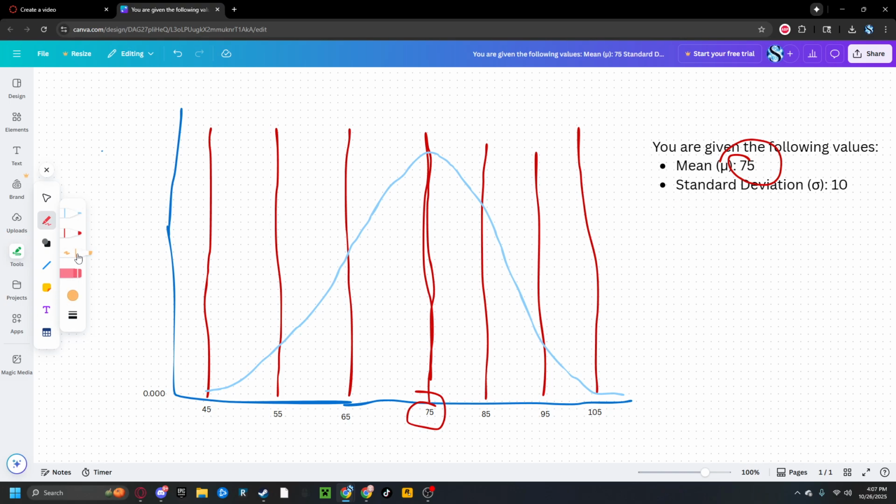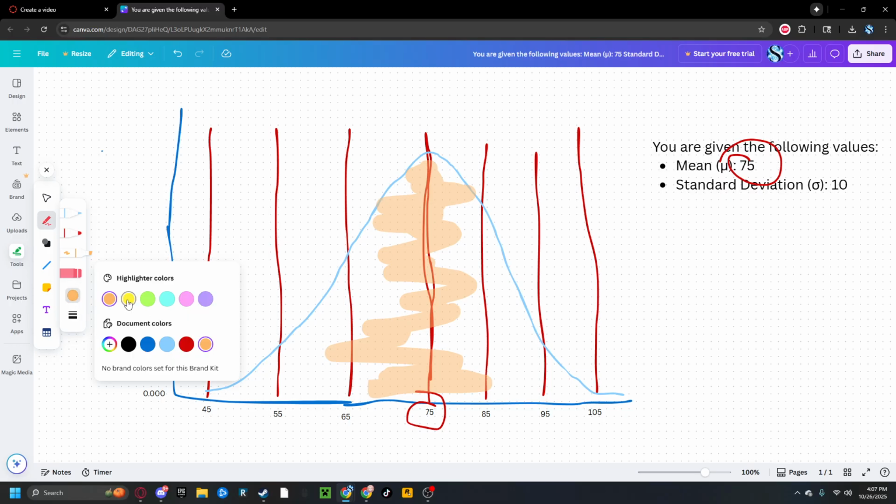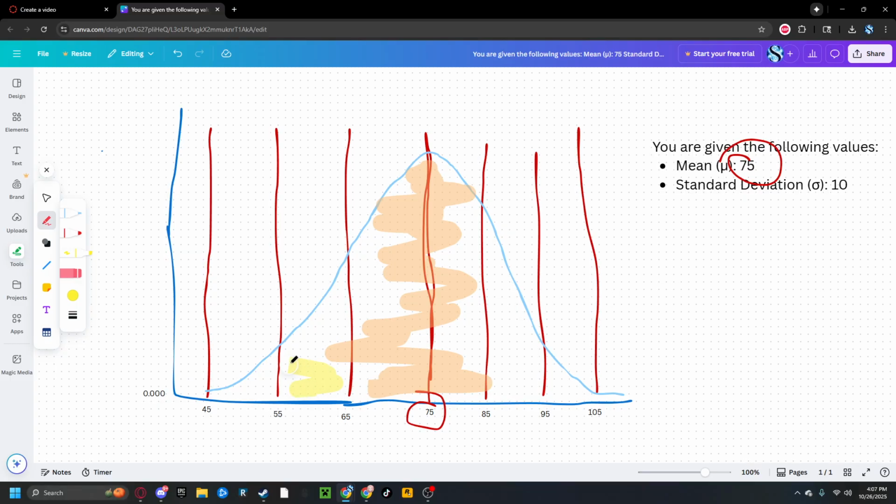Okay, now that we have our graph, we're going to highlight the different areas. As stated in the empirical rule, 68% of our data is going to fall between 65 and 85. So this area right here. Then if we change colors again, to yellow, 95% of our data is going to fall between 55 and 95. Every time our gap is getting bigger and bigger.